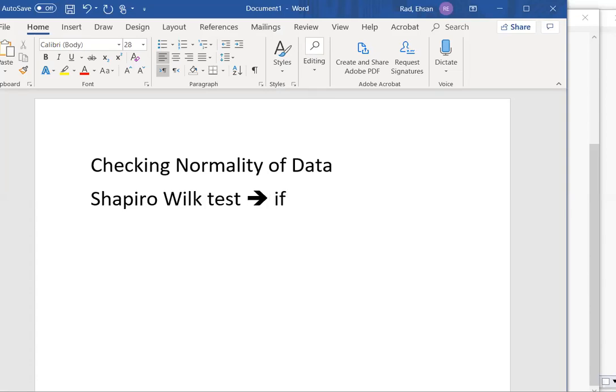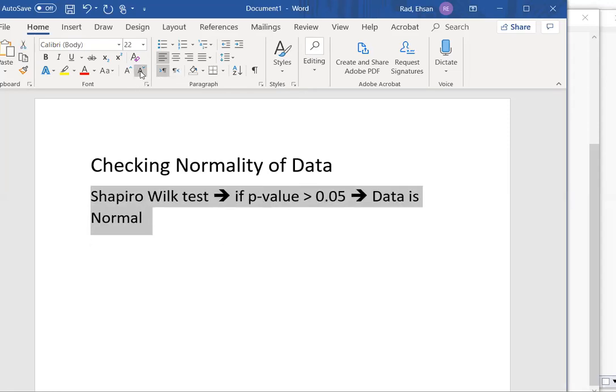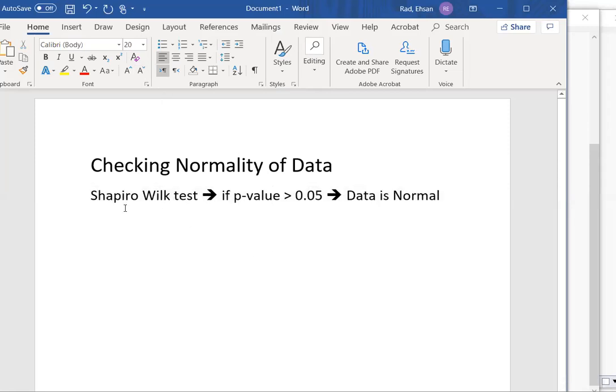If the p-value is more than 0.05, then we can say that data is normal. It's the opposite of what you have seen in the past, okay? That's how the Shapiro-Wilk test works. If the p-value is more than 0.05, data is normal.